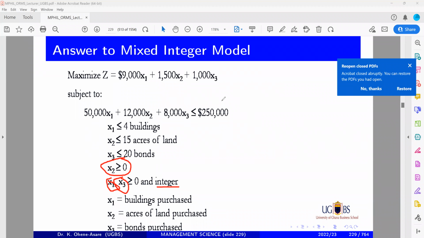Now let's get to the real reason why we are here today. We are going to look at an aspect of integer programming, which is known as the fixed charge. I will encourage you to have your notes with you and be writing along with what I'm about to do.